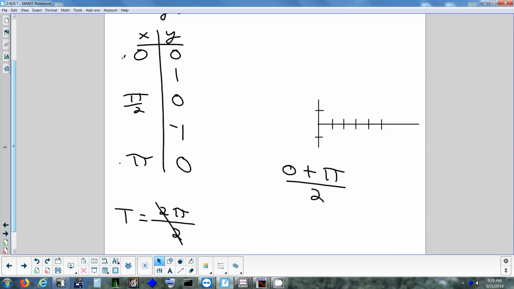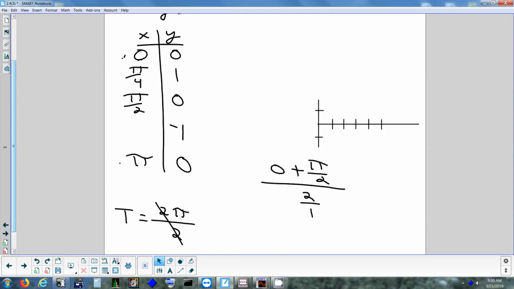Using that idea, what's halfway between 0 and pi over 2? Yep, pi over 4. If you want to think in degrees, pi over 2 is 90, pi over 4 is 45. If it doesn't make sense how she got pi over 4, just do it out: 0 plus pi over 2, divided by 2.